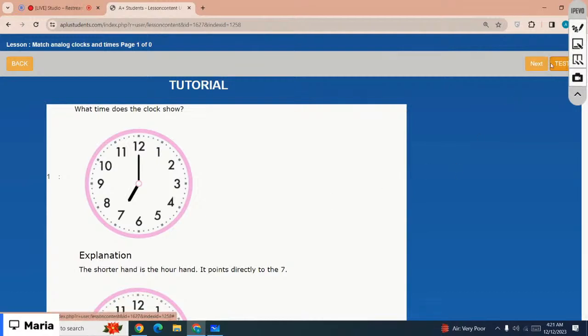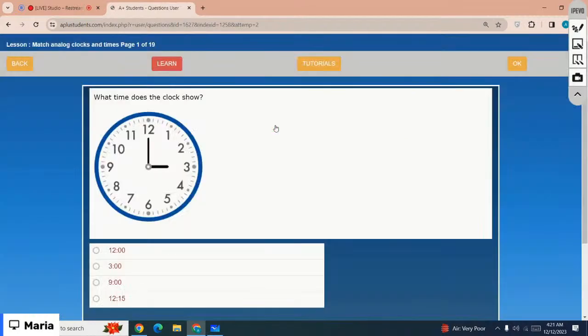Then let's start with the test questions. What time does the clock show? Which is the correct option? The correct option is 3 o'clock.